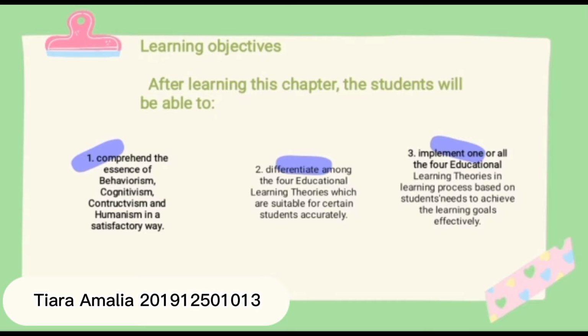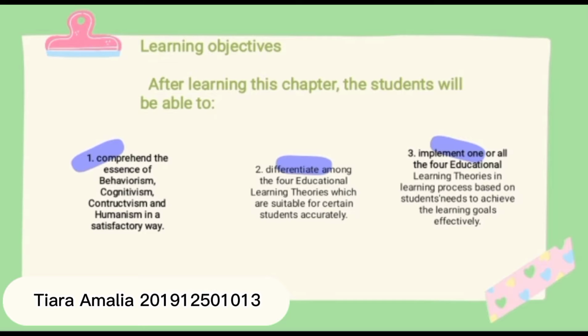So, to become a professional teacher is not that easy. You should have certain competences that relate to your job. There are four competences that a good teacher should have: pedagogical, professional competence, personal competence, and social competence.